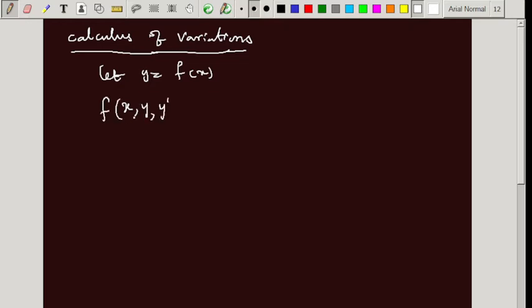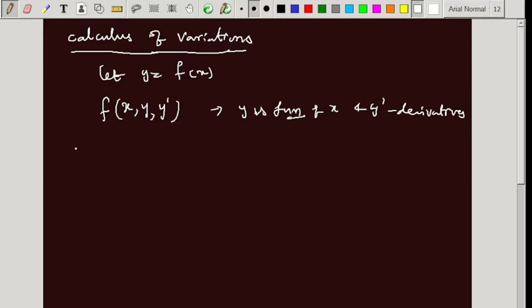So y is a function of x, and y dash is nothing but the derivative of y with respect to x.